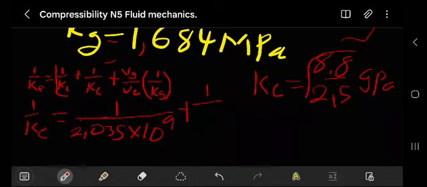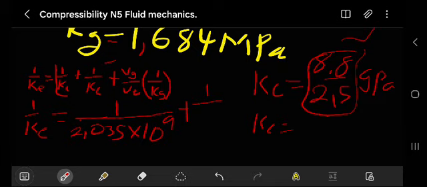Divide this, punch this, we'll have Kc will be 3.52 times 10 power.